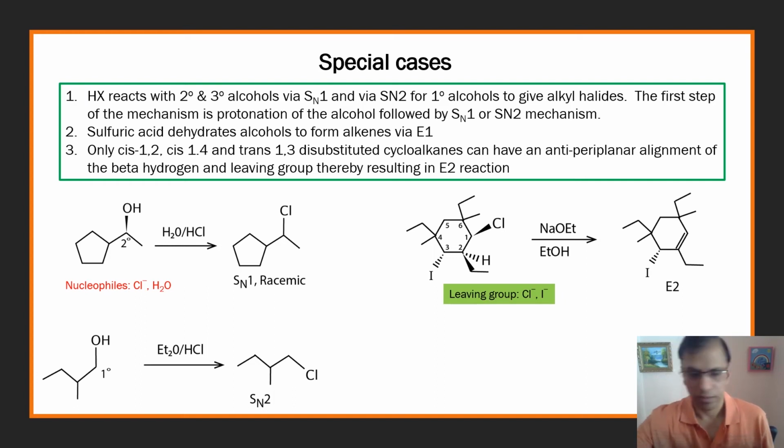In this case, this is a primary alcohol, and the reaction is occurring in ether as a solvent, and hydrochloric acid is used. So the first step is protonation of the alcohol, but after protonation, the H2O will not leave because primary carbocations are not very stable.